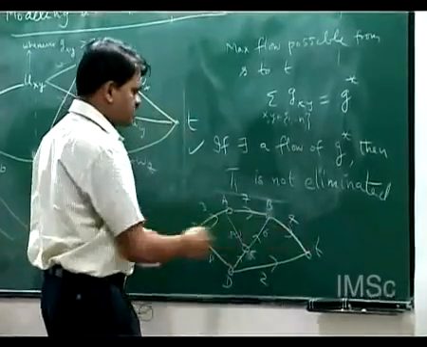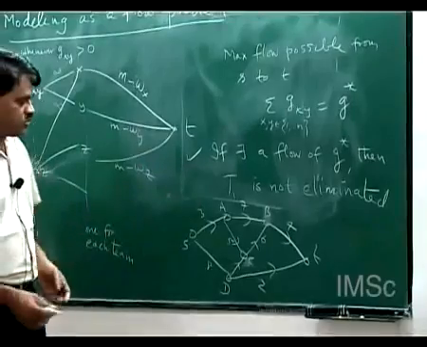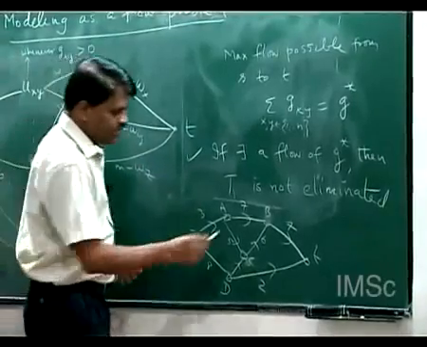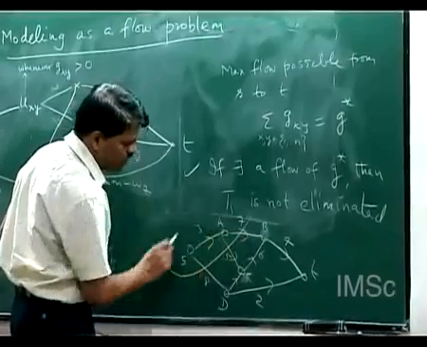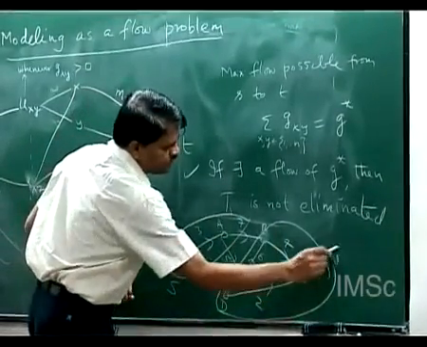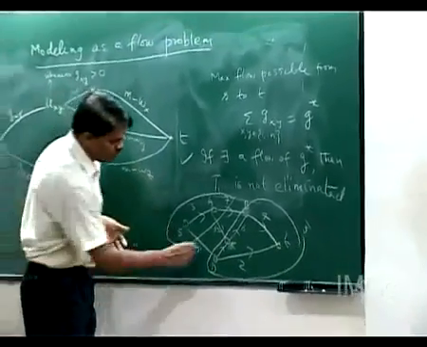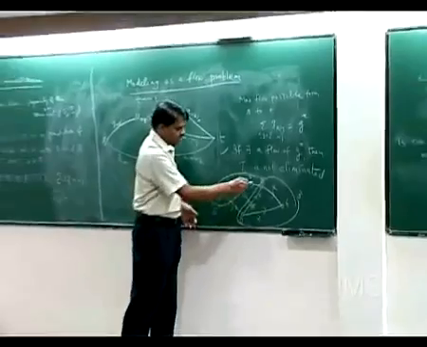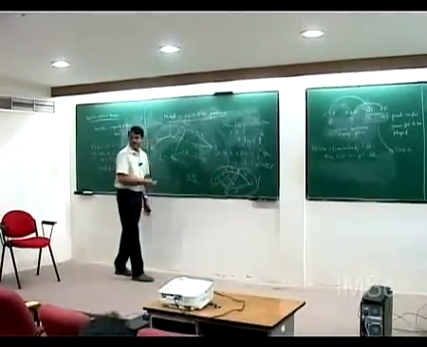So, these are the capacities and this is the flow network. Then I want to find the maximum flow possible, and a cut is simply some partition of the vertex set. I can say, this is S and the remaining is S bar, a partition of the vertex set, and you look at all edges that go from S to S bar. In this case, there are 3 edges, add the capacities, and that is the capacity of the cut.